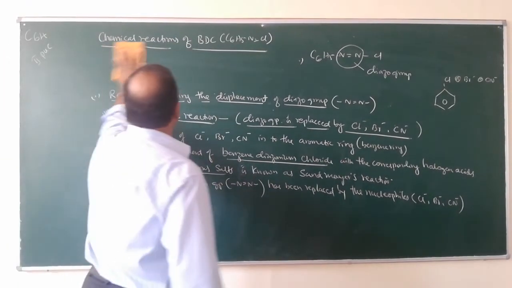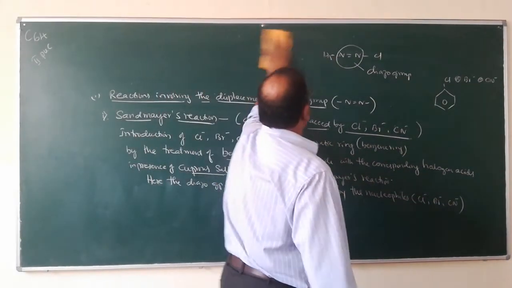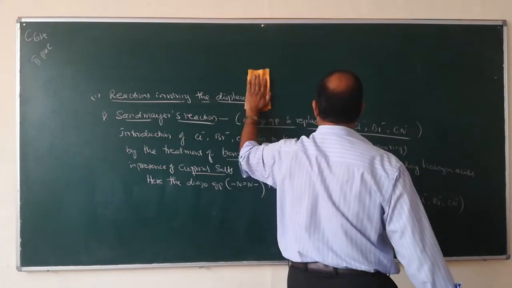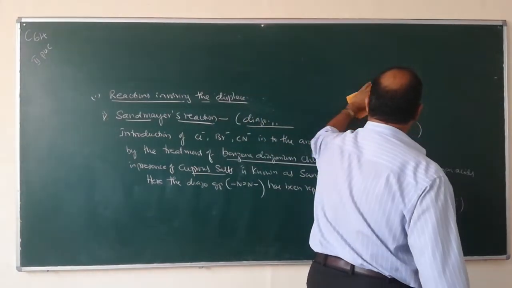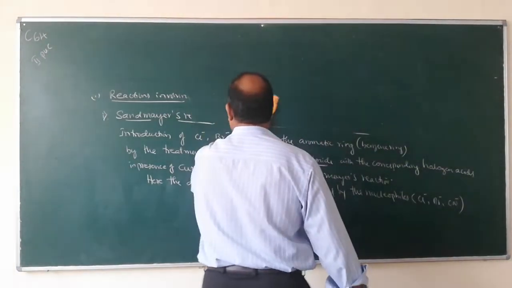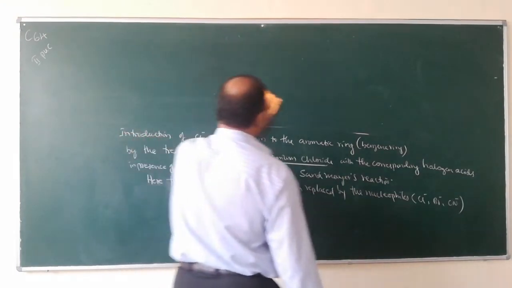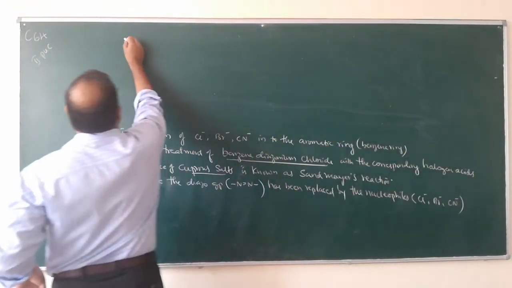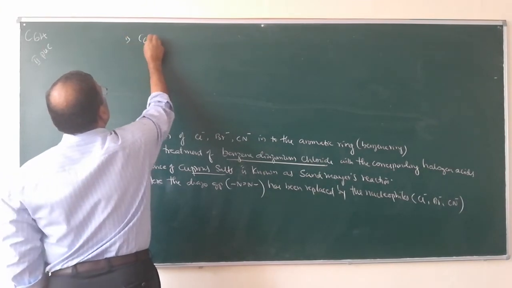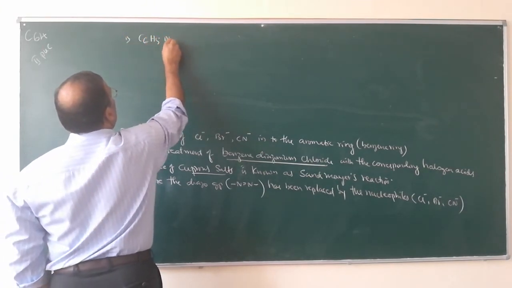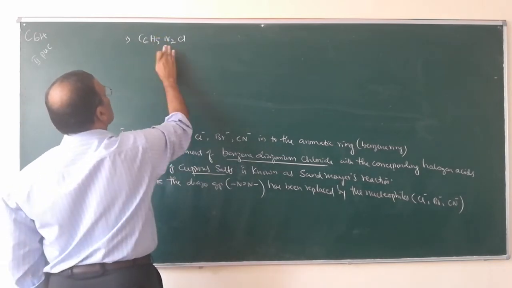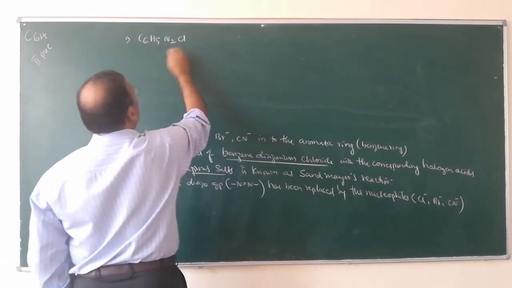So example. We will see how benzene diazonium chloride is converted. So what is the reaction? Say for example, number 1, C6H5N2Cl. This is benzene diazonium chloride.